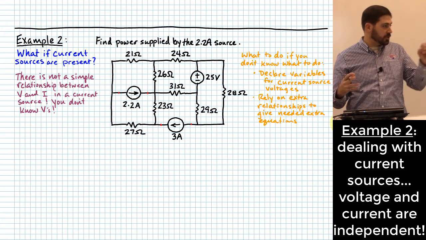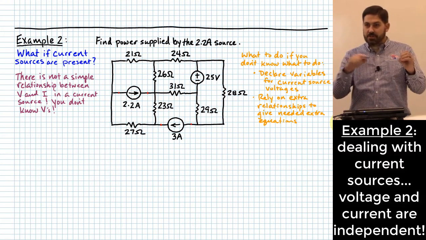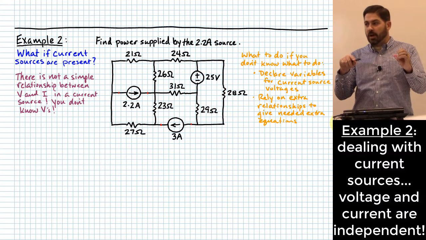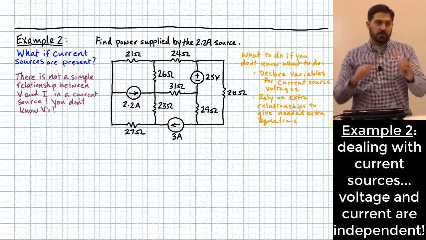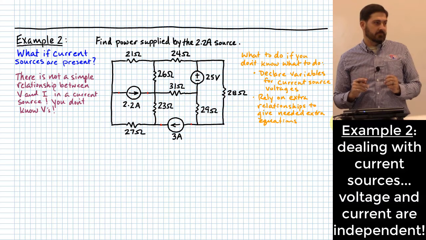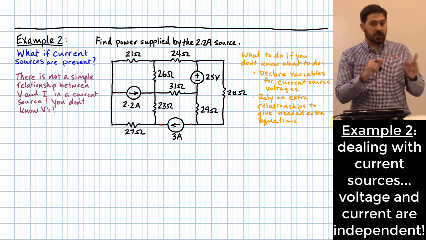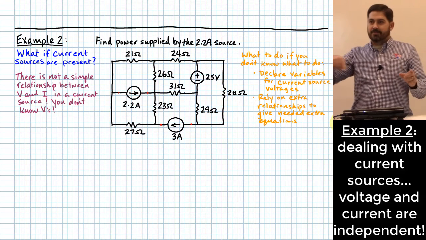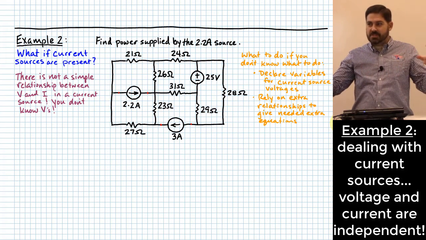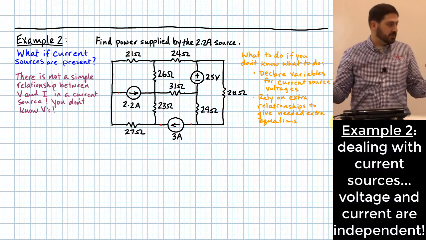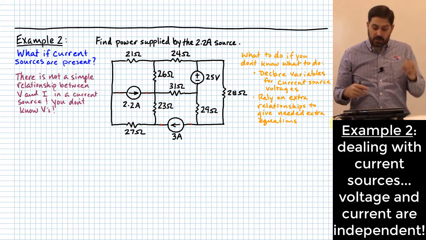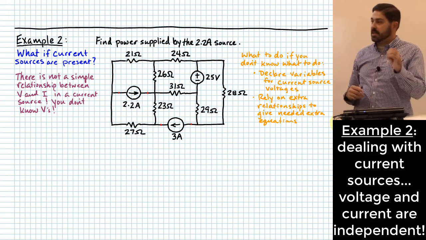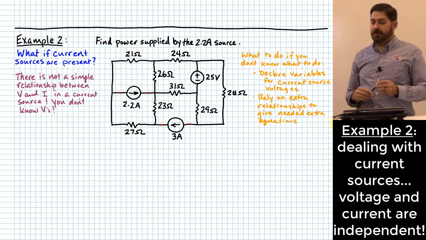You can't just look at the current source and see the current that's flowing and automatically know what voltage that current source is going to have across it. How much voltage is across a current source is a function of the rest of the network. It is actually going to be set by what happens in the rest of the network. So we can't locally look at one piece and say, I know how much voltage is across it.